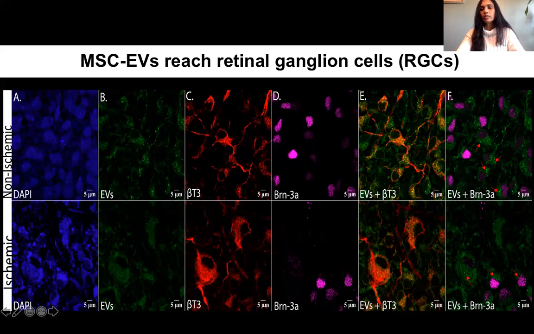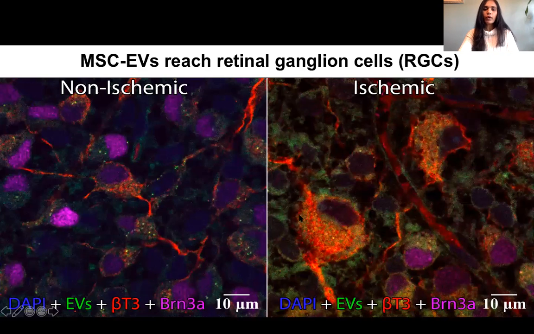Here in 48 hours, you can see how beautifully these beta-tubulin 3 positive cells have EVs co-localized, giving this yellow shade. Similarly here, the BRN3A positive cells are taking up the EVs. And this is a much closer-up view of beta-tubulin and BRN3 positive cells taking up EVs.